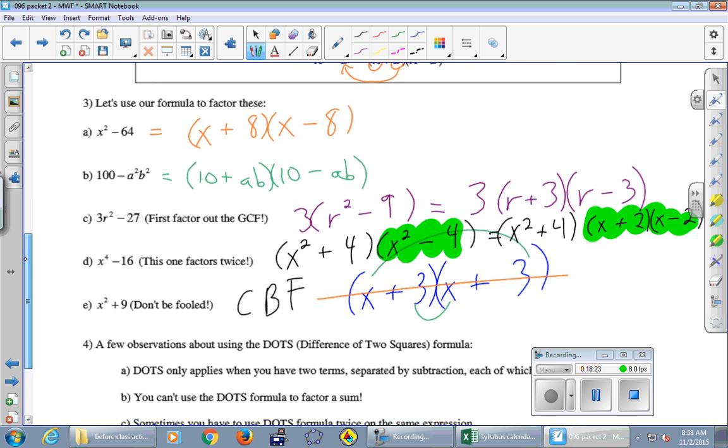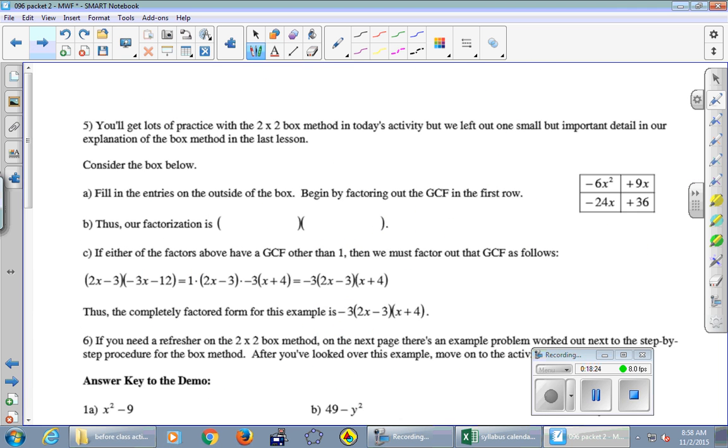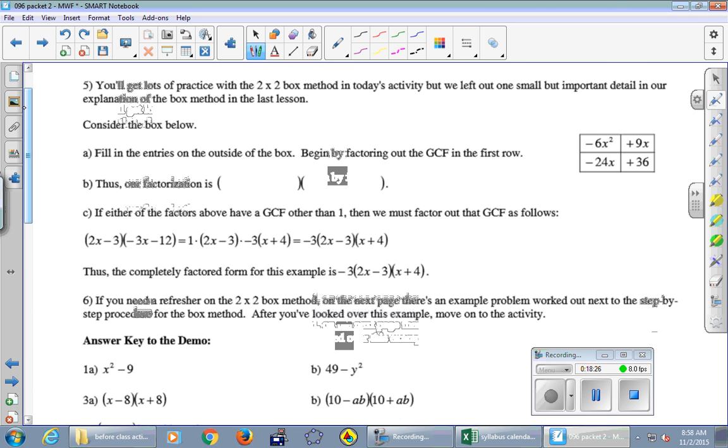Okay, so last thing, here we are on page 151. One detail. Suppose that you started with some problem and you ended up filling in the box like this, like we're trying to factor something. I'm not telling you what we started with. I'm just filling in the box already. And now we'll go ahead and write the stuff that goes on the outside of the box.